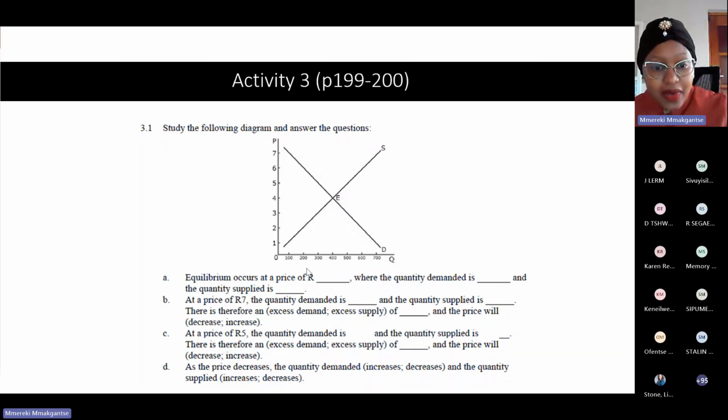So at 7 Rand, the quantity demanded, sorry, is 100, and the quantity supplied is 700. Therefore, at 7 Rand, the price is above equilibrium, so we have excess. Yes, class, excess supply.